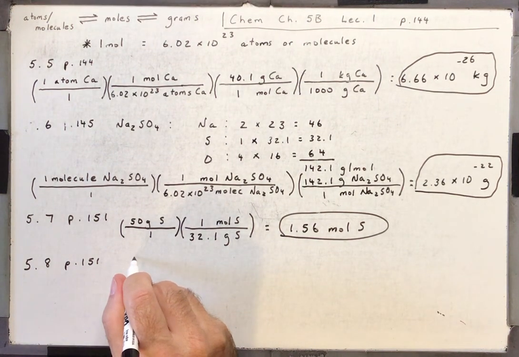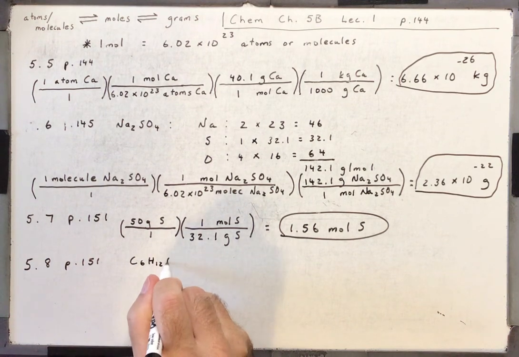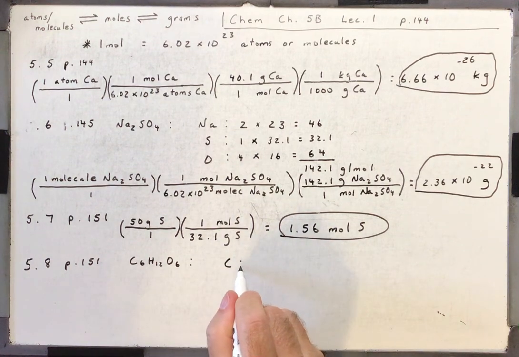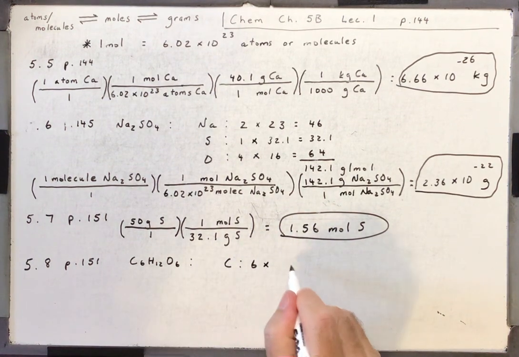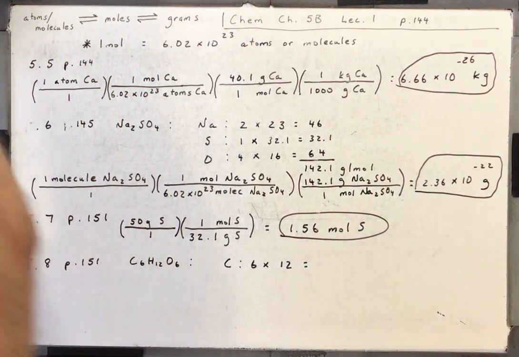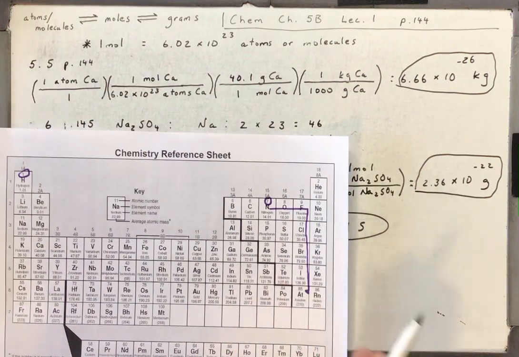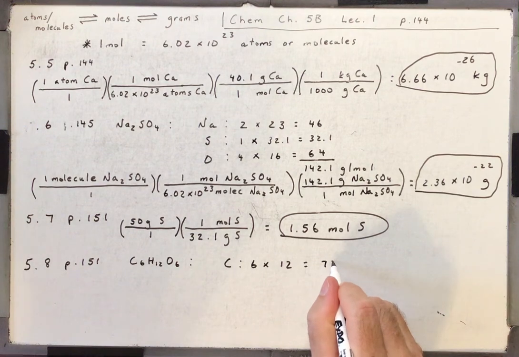But first we have to add up C6H12O6. So for carbon, there are 6 atoms. Each carbon atom weighs 12 grams. All right, that's coming from the periodic table. If we're rounding to the nearest tenth, that'd be 12. So 6 times 12, 72.